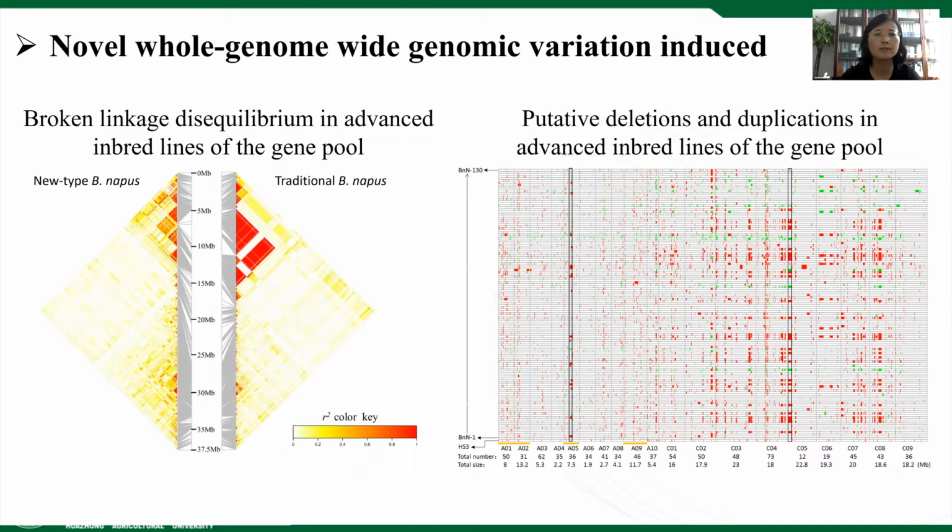The C genome of Brassica napus presents limited genetic diversity, even less than the A genome. But from our analysis of the gene pool, we found that not only the A but also the C genome presents rich genetic diversity, and a lot of genomic structural variations were introduced.